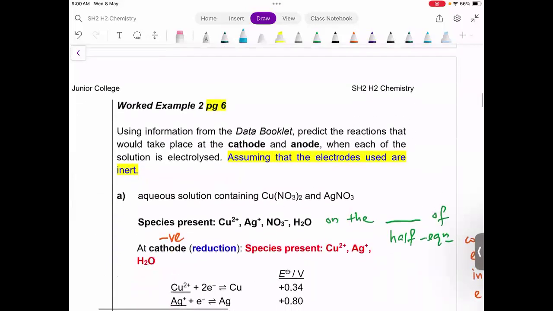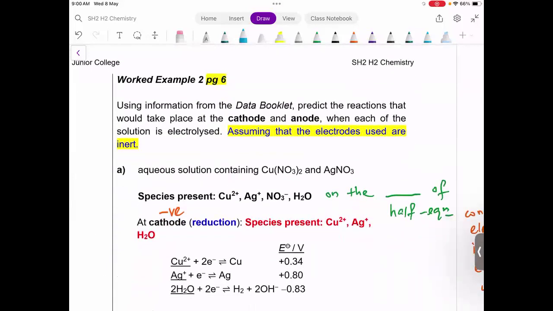Okay, so in this case, look at example number 2 on page 6. When you have an aqueous solution containing a mixture of salts, these are the species that you need to consider: copper 2+, silver+, nitrate, and water.